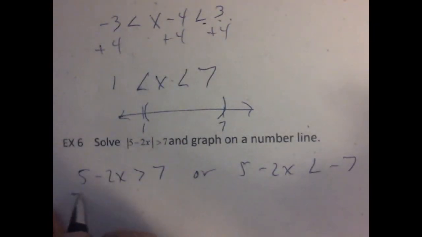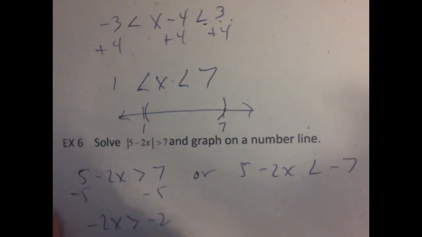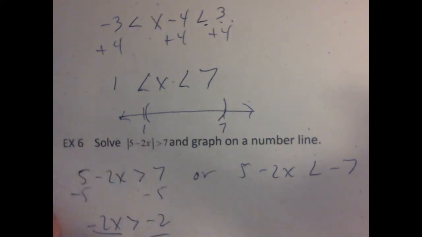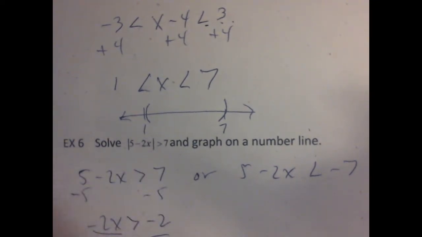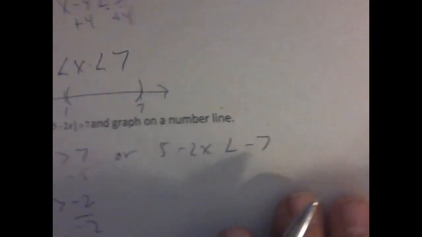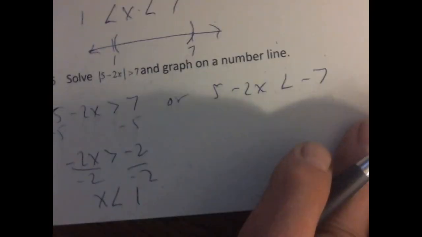And then I solve. So I subtract 5. So negative 2x greater than negative 2. And when I divide by negative 2, I must still reverse the inequality rule. Same rules still apply. So x, how about that, is less than 1.